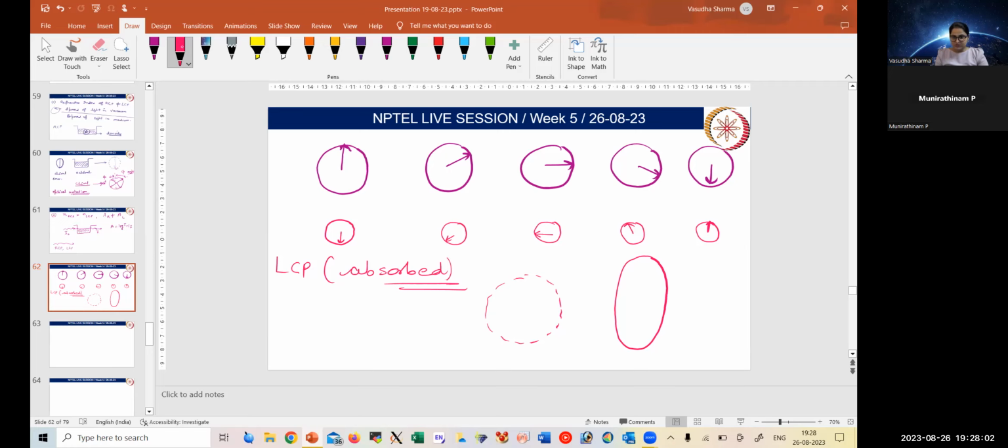So what happens? This becomes your AL plus AR, that means both the parts superimposed with each other, and this part becomes your AL minus AR. So wherever it is on the right side, as you can see over here, this becomes your minor axis, and this becomes your major axis.